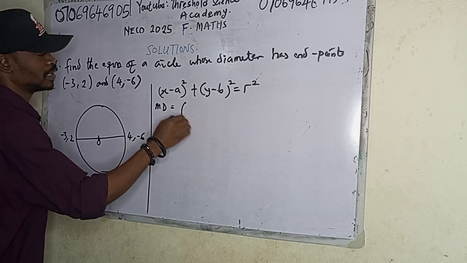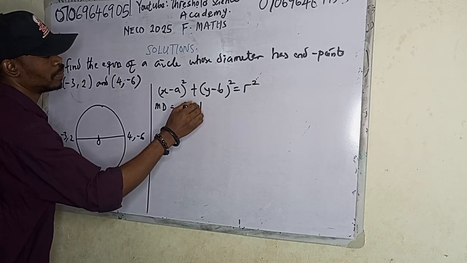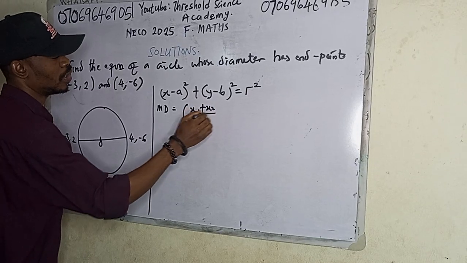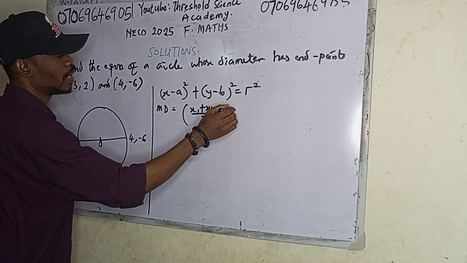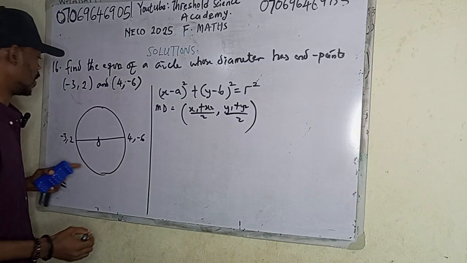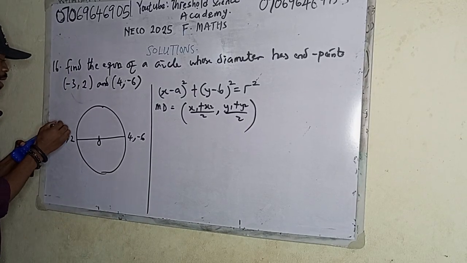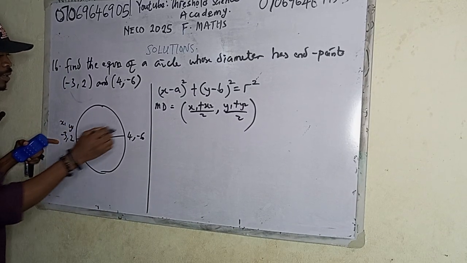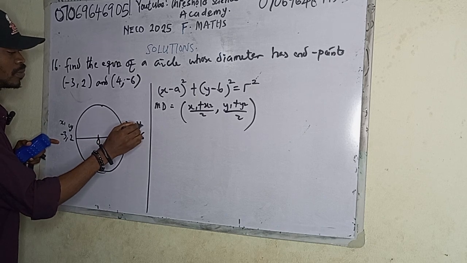The midpoint formula is x1 plus x2 all over 2, comma, y1 plus y2 all over 2. Of course, we can take this one to be our x1, y1, and this one x2, y2.